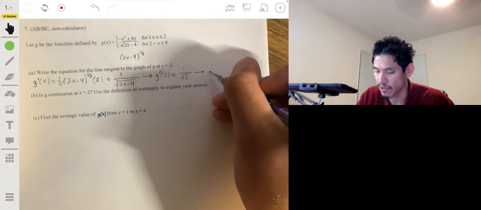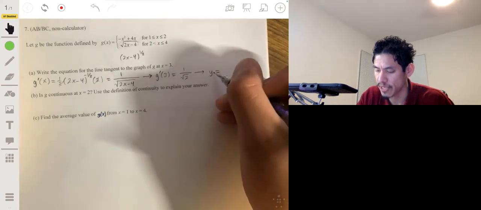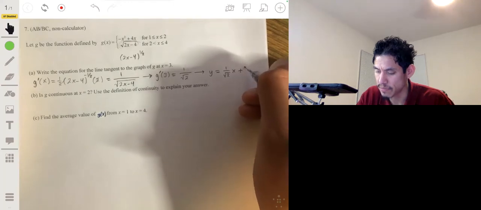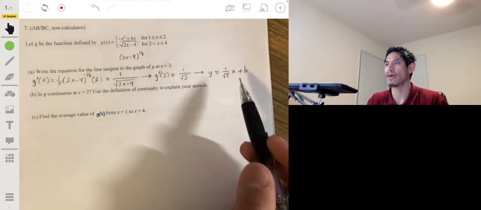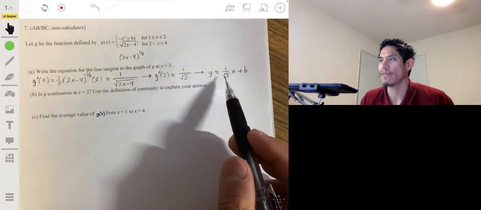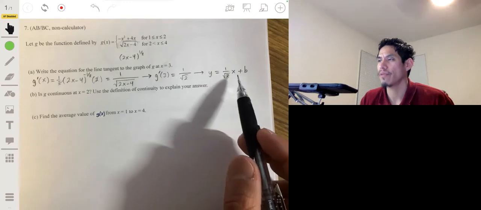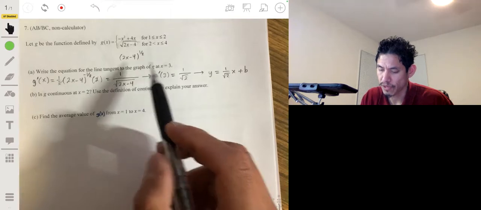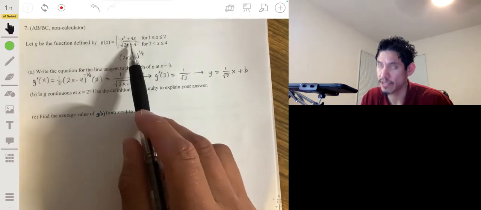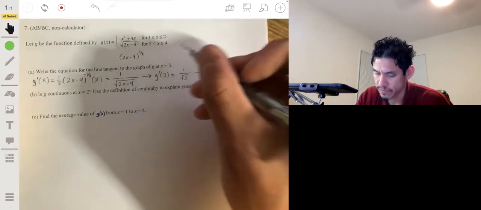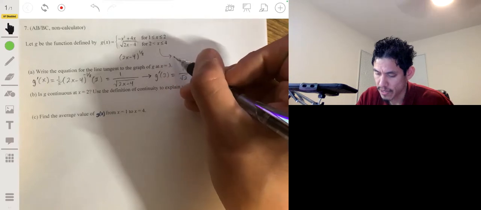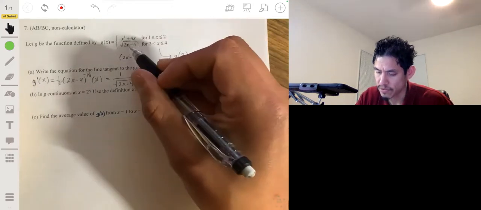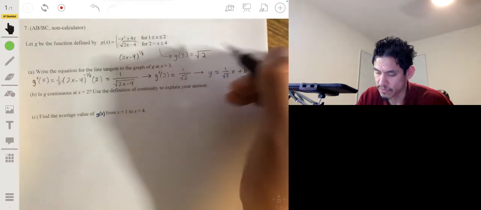And so then we can start writing our equation for our tangent line as y equals 1 over root 2 times x plus b. So we need to find our y-intercept. For that, we're going to find the y value for when x is 3. We're going to plug in 3 into this equation. So g of 3 is the square root of 2 times 3 minus 4, the square root of 2.